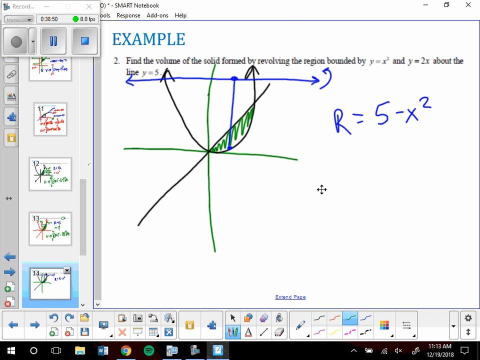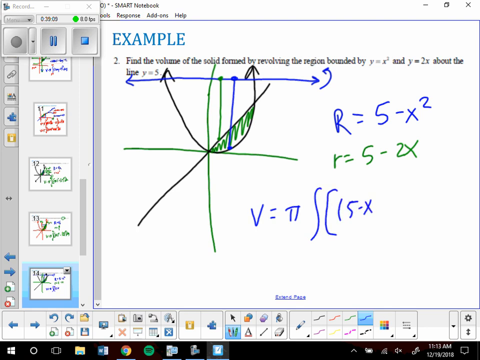And our inner radius is going to be as close as our shaded region gets to our axis. What's little r going to be? 5 minus 2x. Those are messy. I definitely did not want to do this one by hand, but I can set it up. Outer radius squared minus inner radius squared.